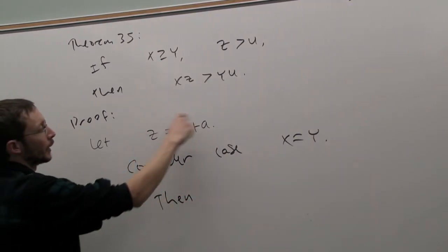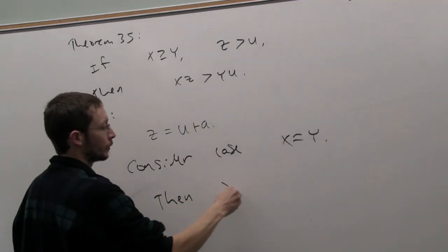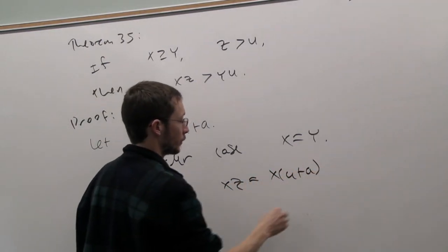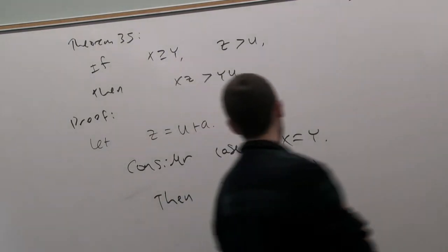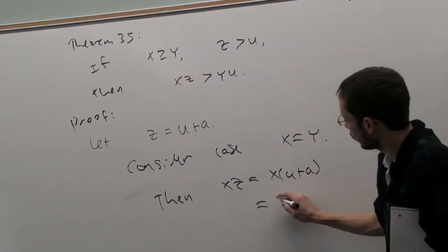Then what we'll do is we'll multiply both sides here by x. We'll distribute that x through.